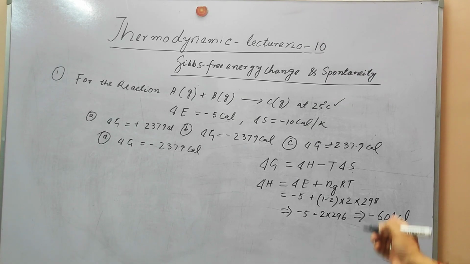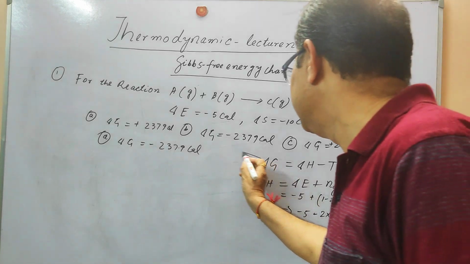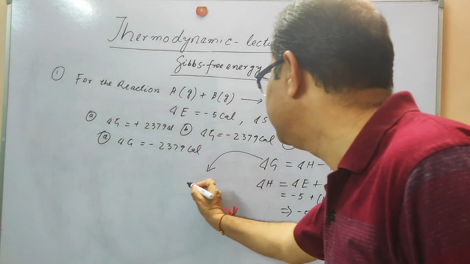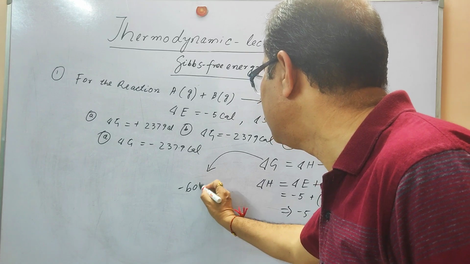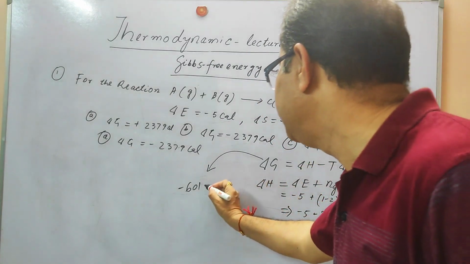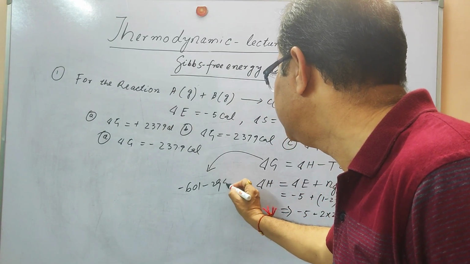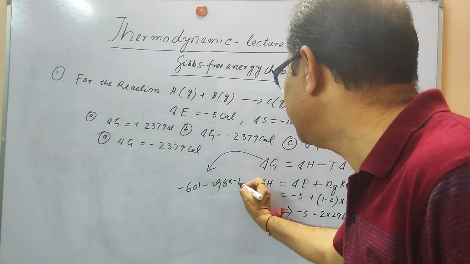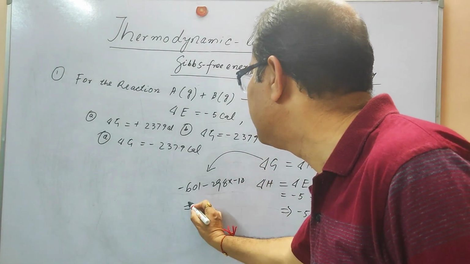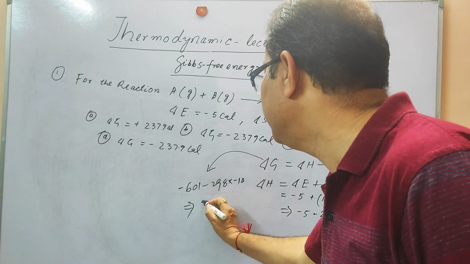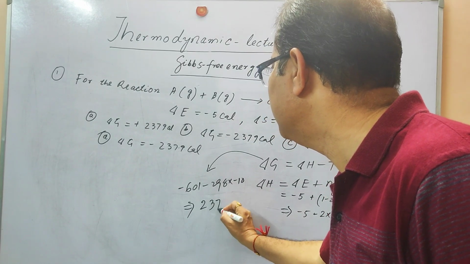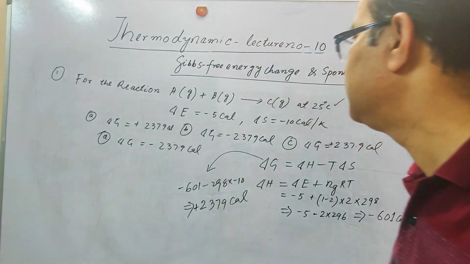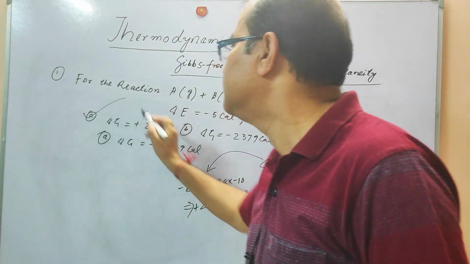Now we just straightforwardly put this in the relation, and we will get delta G as minus 601 minus 298 into delta S, which is given as minus 10, and you can calculate and get this value positive. This will be the answer.